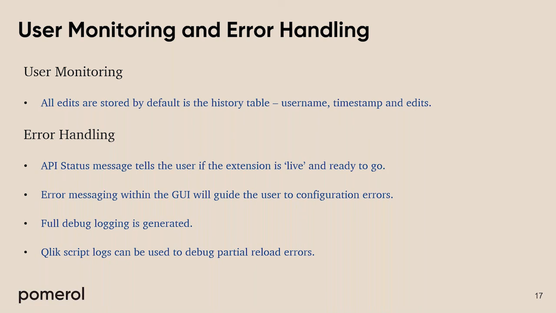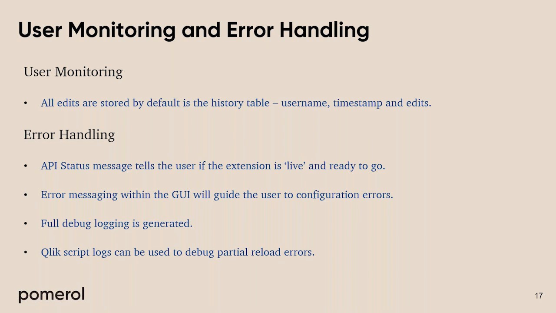We've got error messages and configuration error messages in case some of the settings are incorrect. We've got full debug logging files that are generated in the background to pick up any errors. And then in terms of the Qlik reload process and getting that script right, we can use the native Qlik script logs to debug any of those partial reloads.